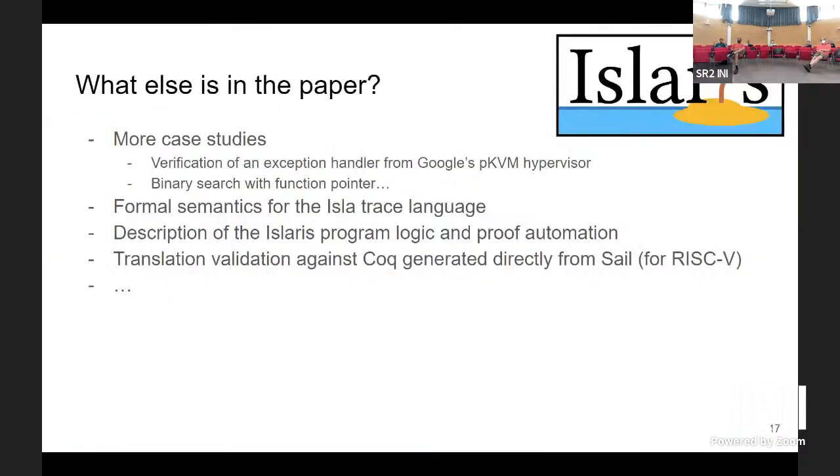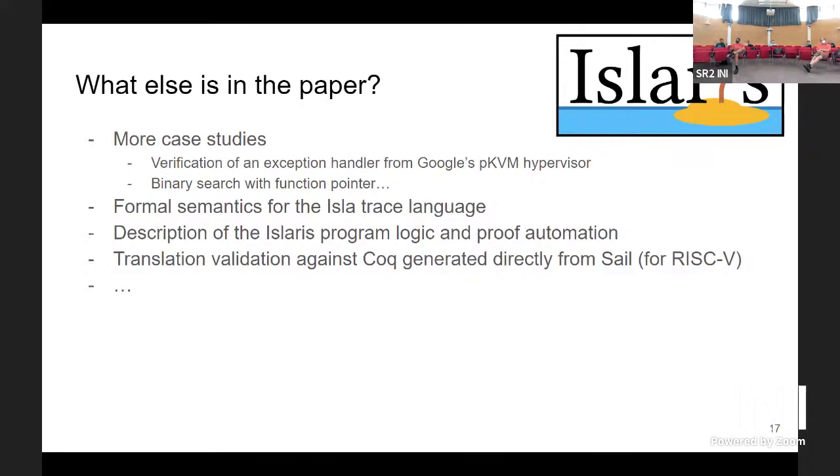So in the paper, we show a couple more case studies. The biggest one is that we do verification of another exception handler that's taken as is from Google's under-development pKVM hypervisor. This is significantly more code, and it's all system state interacting code.